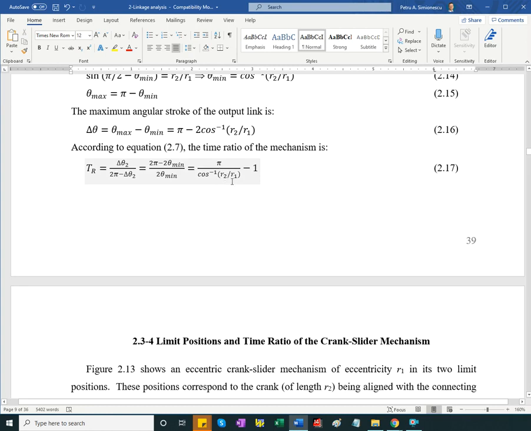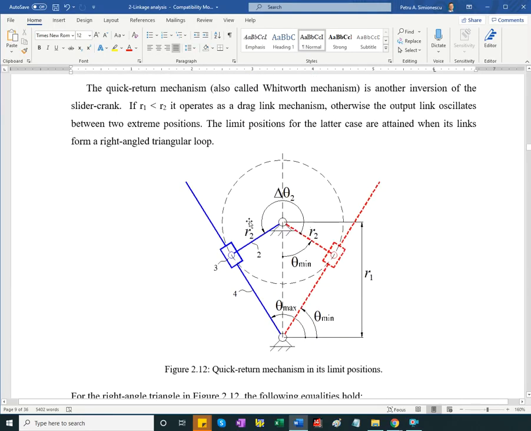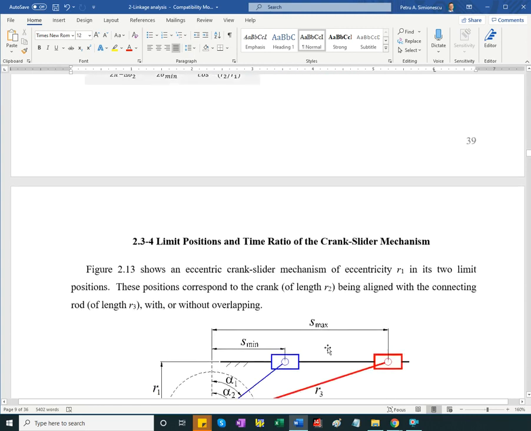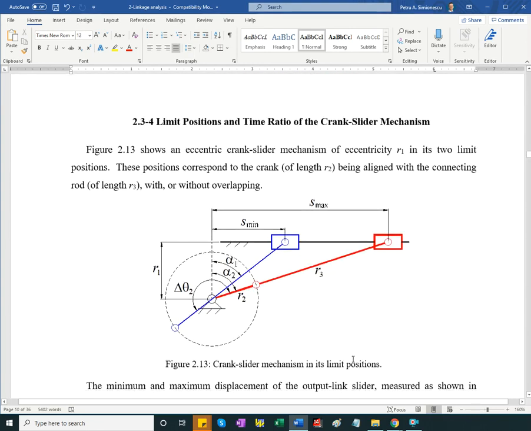A number greater than 1 renders the time ratio senseless, and that is because for that arrangement, as the crank rotates, the output link also rotates. It's a drag link mechanism.